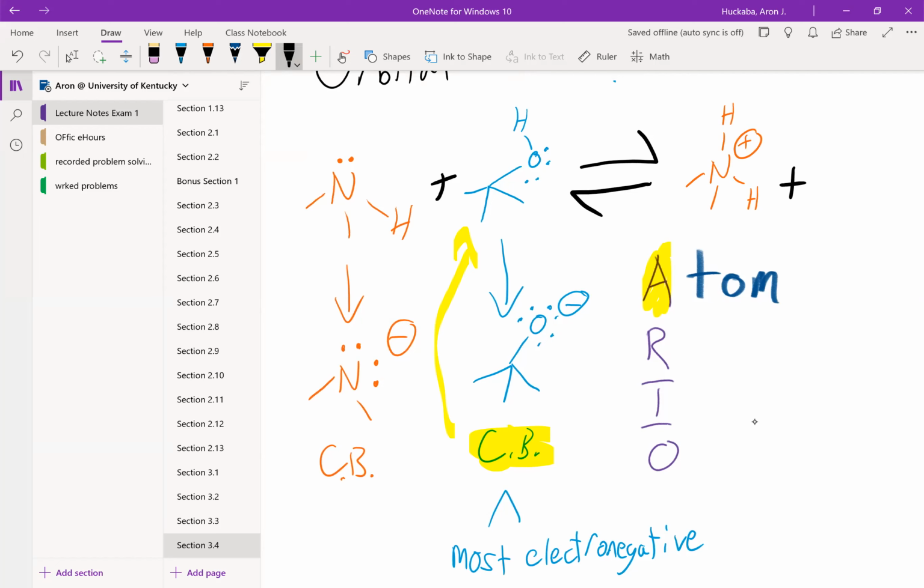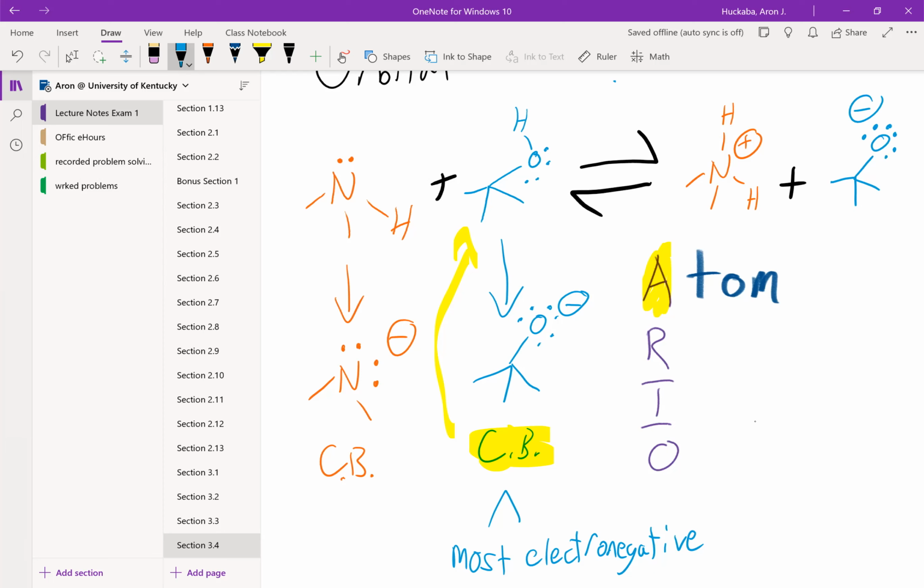where the products we form are this positively charged ammonium, this positively charged nitrogen group, and the negatively charged alkoxide. Because normally this is an alcohol functional group, and now it's called an alkoxide when it's negatively charged.